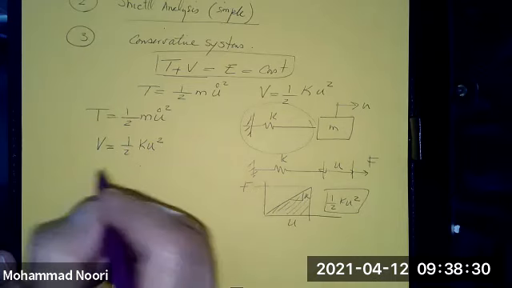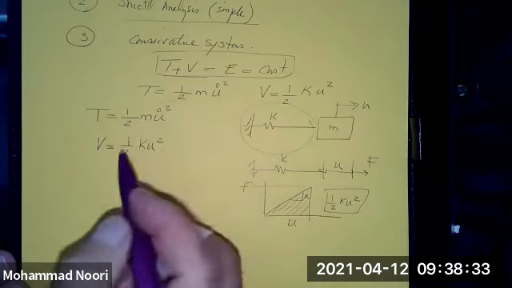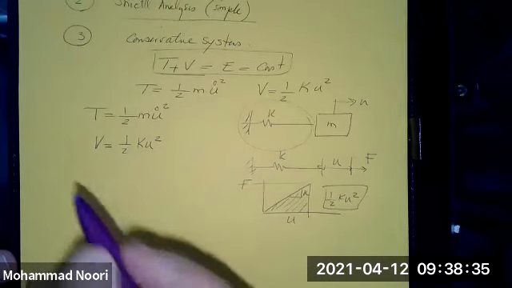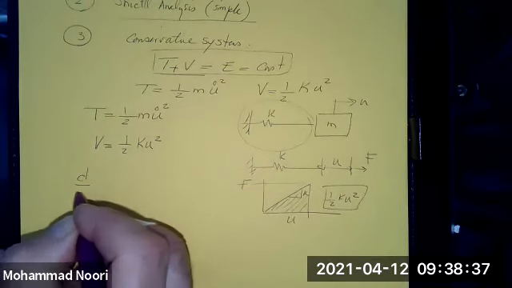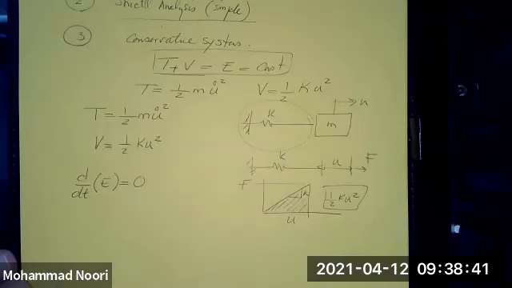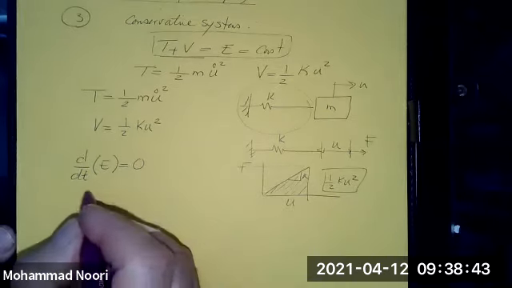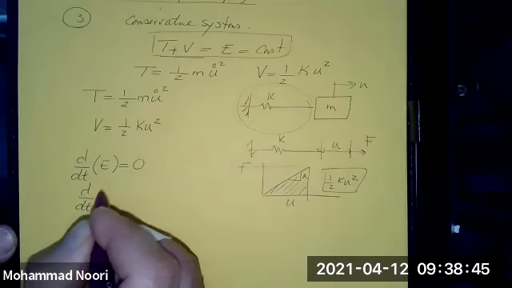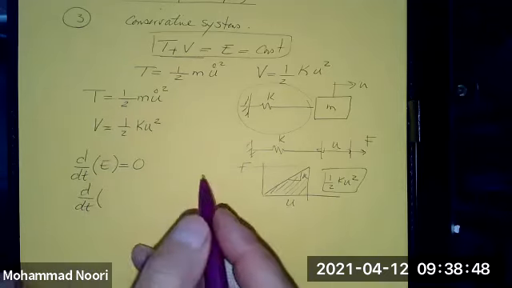So what I would do, using this concept, is this: the time derivative of a constant value is always zero, right? So the time derivative of the sum of these two should be zero.